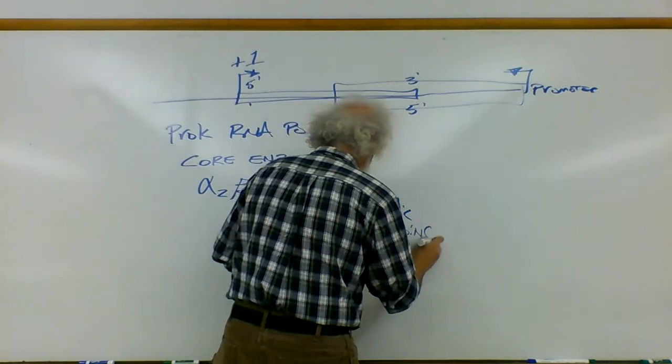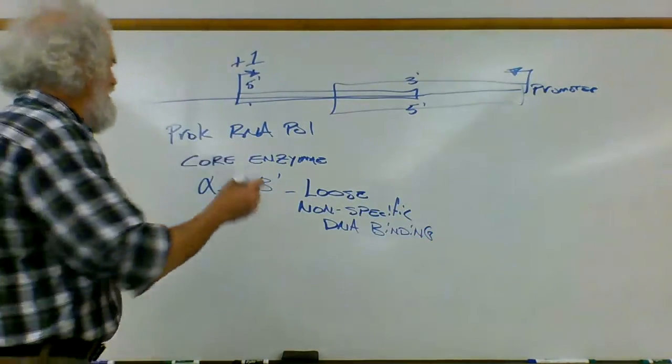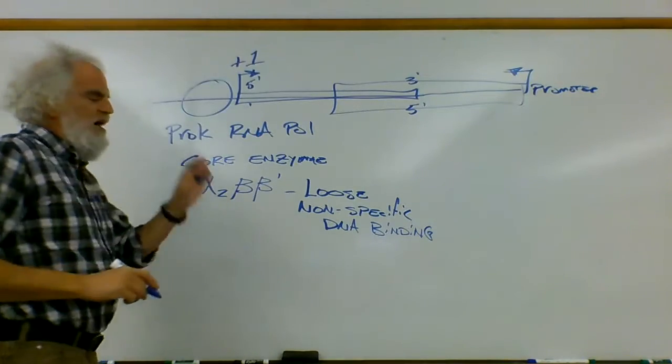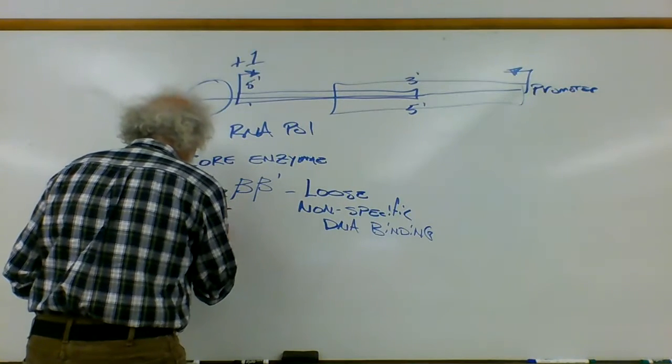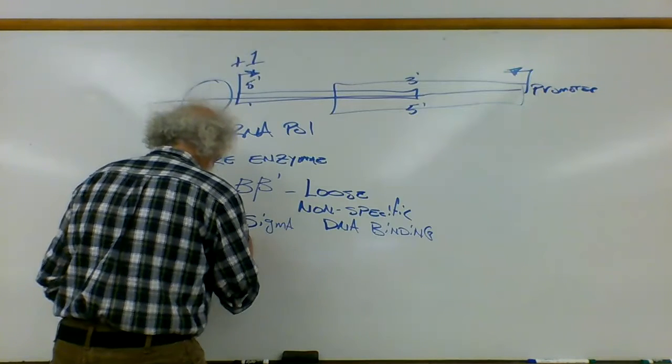Now, what causes the RNA polymerase to bind specifically to promoter sequences is the addition of another protein, a fifth protein, known as the sigma factor.